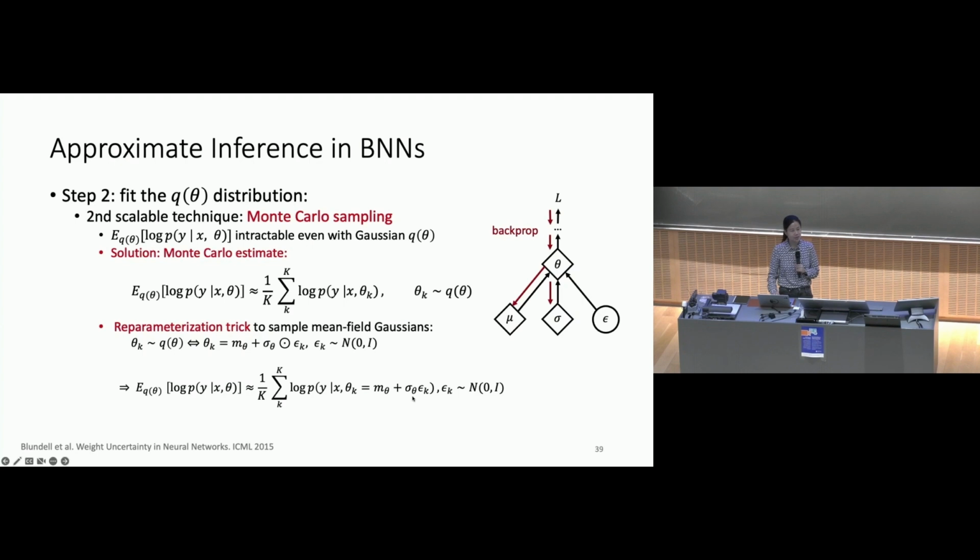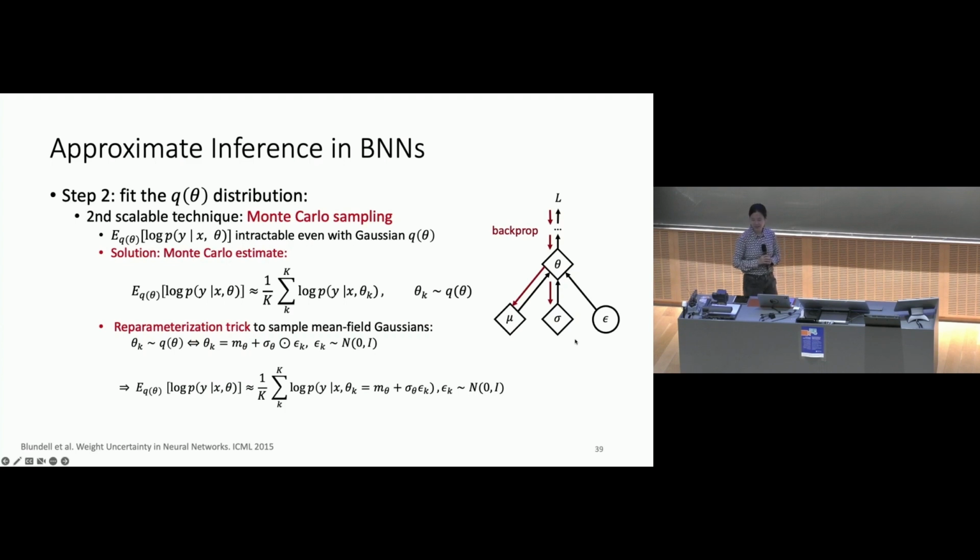When you perform backprop and differentiate with respect to phi, which is either mu or sigma, the backpropagation will first compute the gradient with respect to theta, and then according to this reparameterization trick, compute the gradient of theta with respect to mu or sigma.